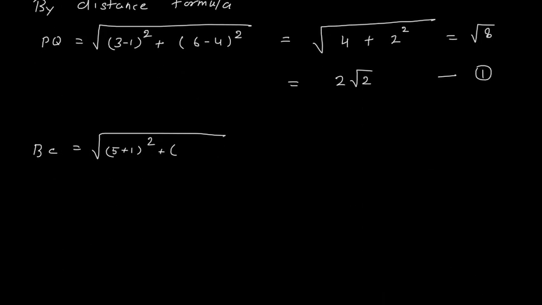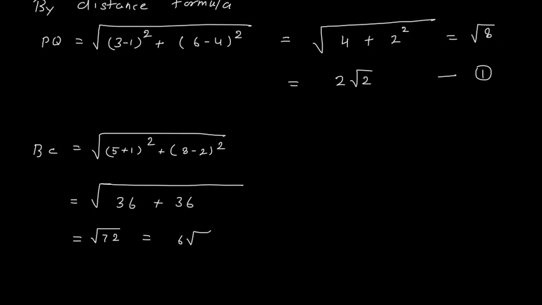So this will become 5 plus 1 is 6, 6 square is 36, plus 8 minus 2 is 6, 6 square is 36. So this will become root of 72. Root of 72 is what? 6 root 2. So the value of BC is 6 root 2, this is second. This is 2 root 2, this is 6 root 2. So you can see that this is 3 times.